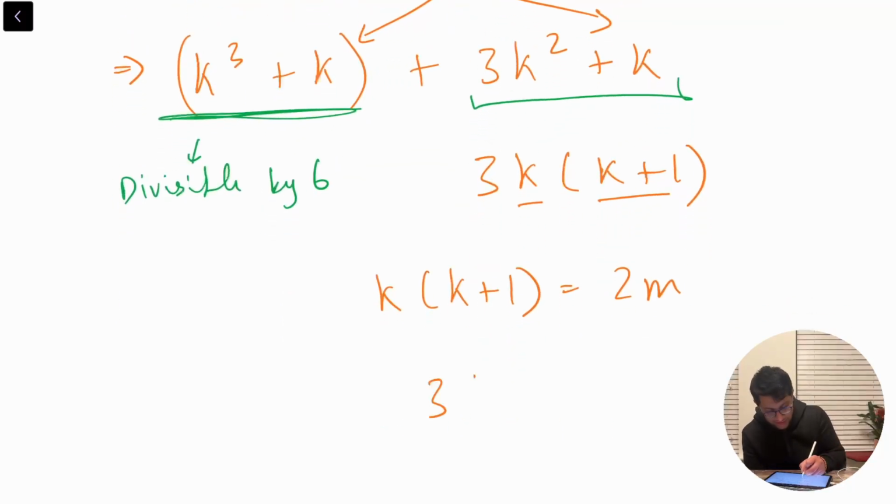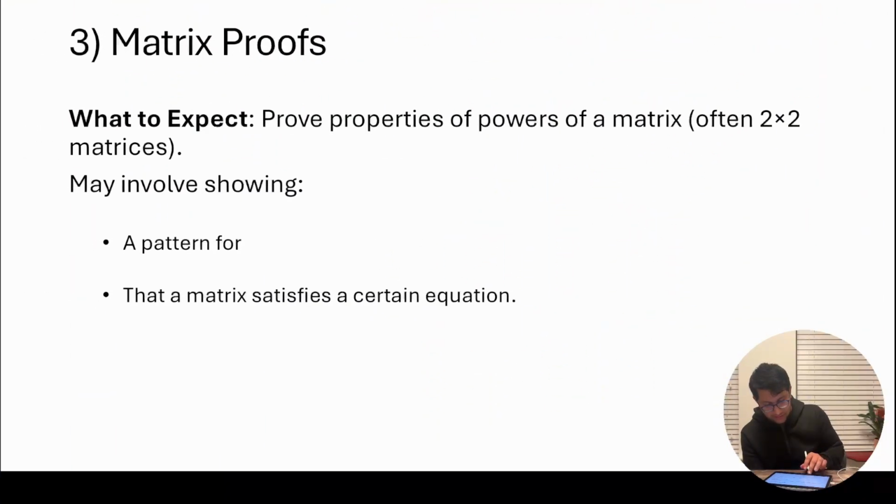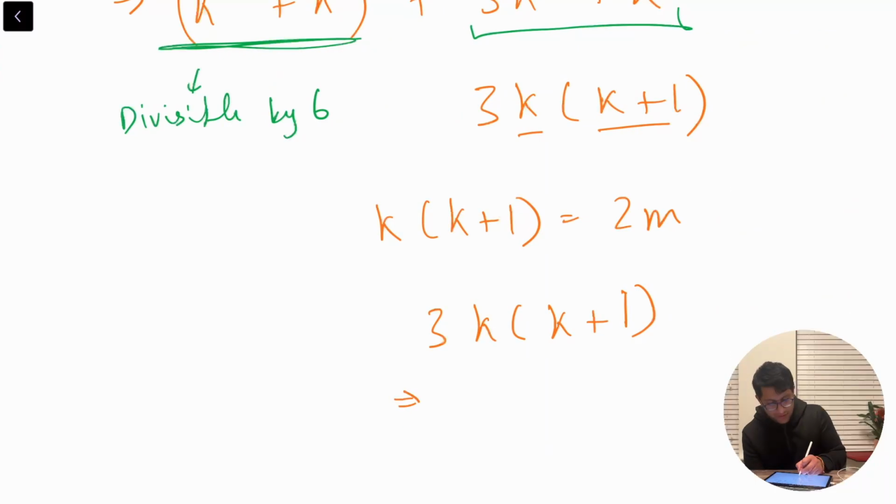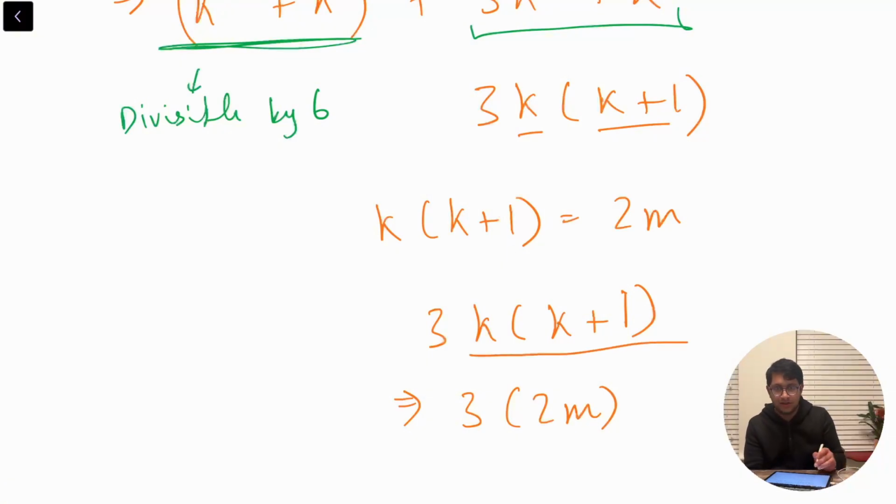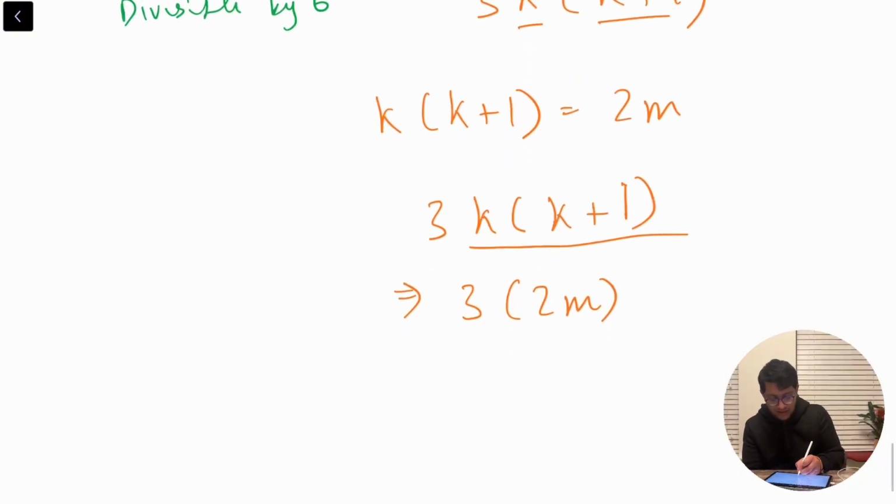Therefore, we know that 3k times k plus 1 can also be written as 3 times 2m, as this is just an even number, the product of two consecutive integers. Therefore, because it's 3 times 2, this is also divisible by 6.